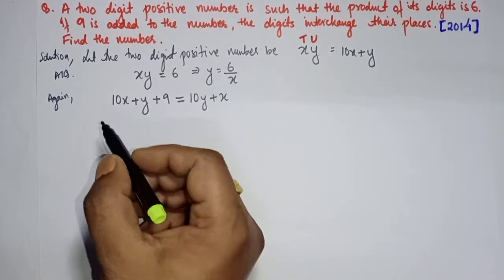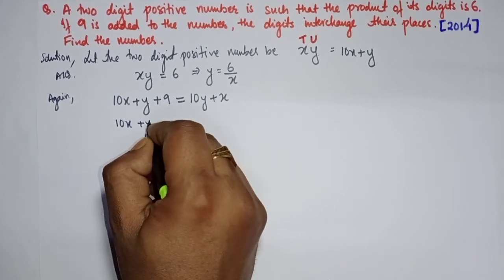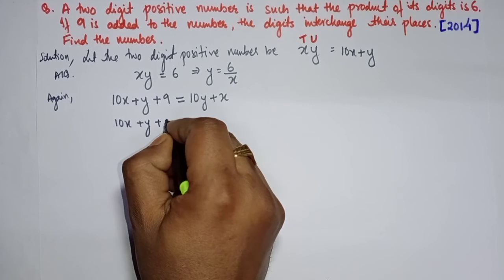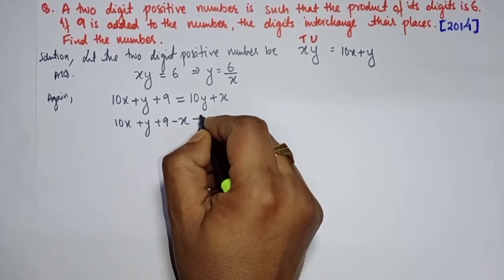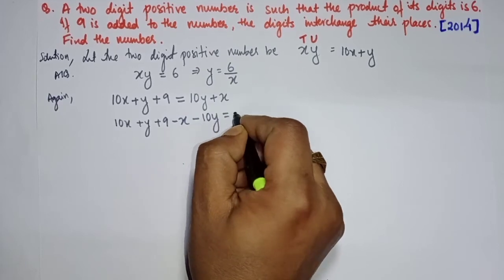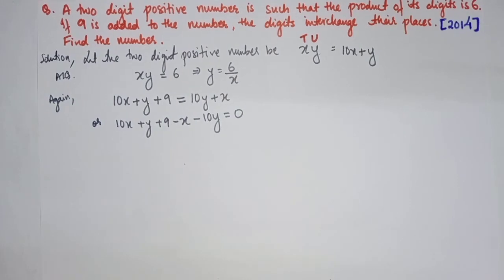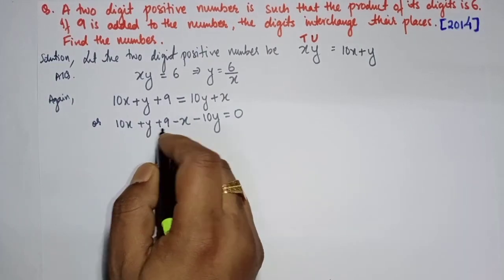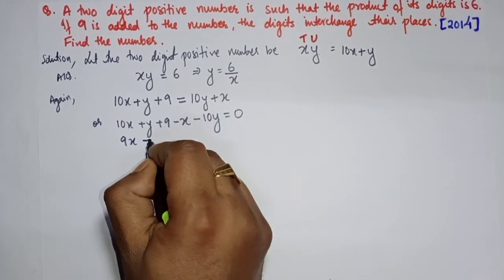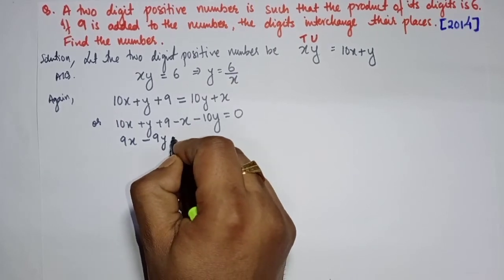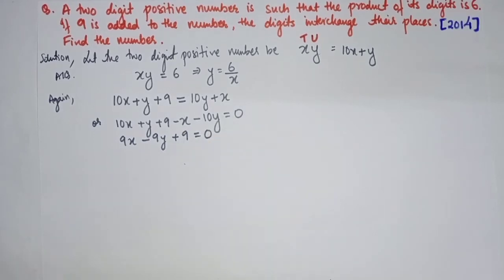Let's bring this to the front: 10x plus y plus 9 minus x minus 10y equals 0. As you know, in a quadratic equation the right hand side has to be 0. Now 10x minus x is 9x, so this will be 9x minus 9y plus 9 equals 0.